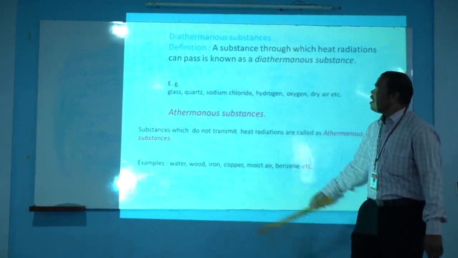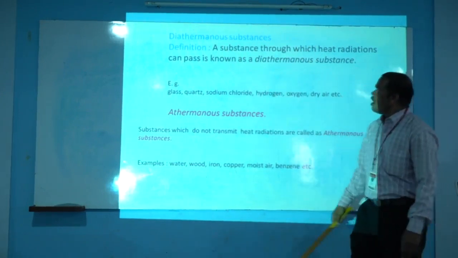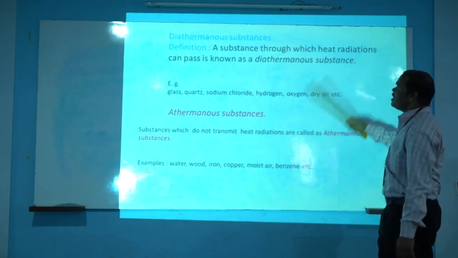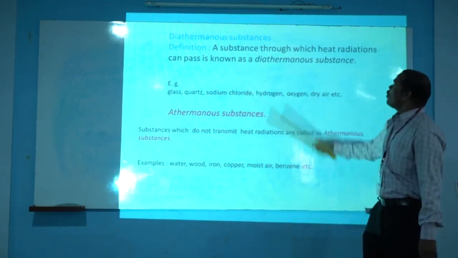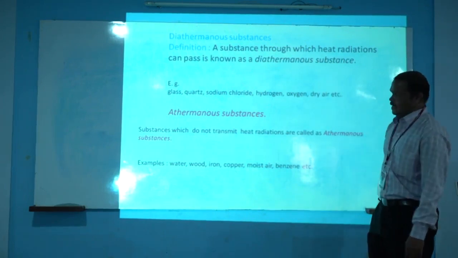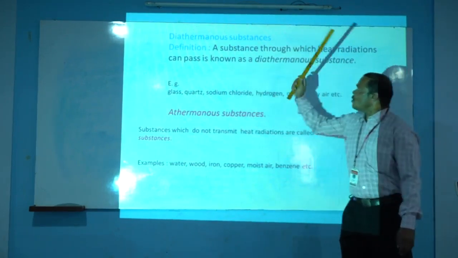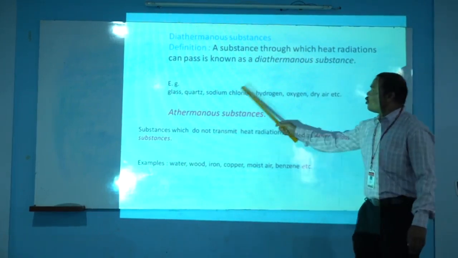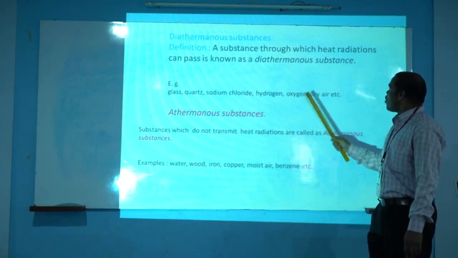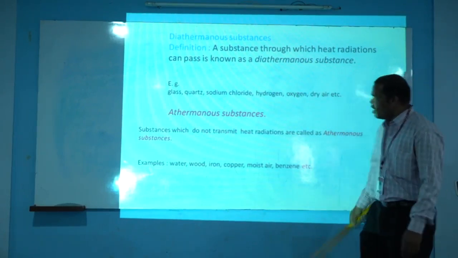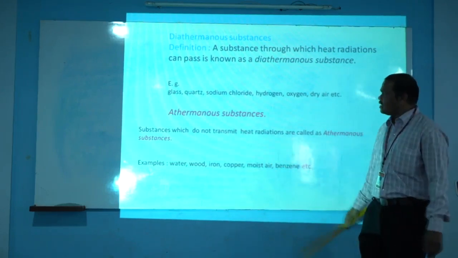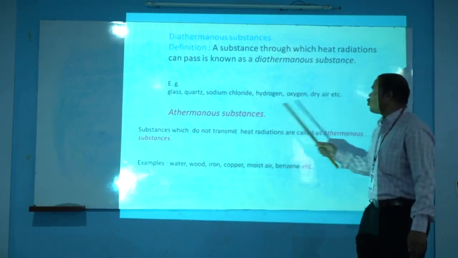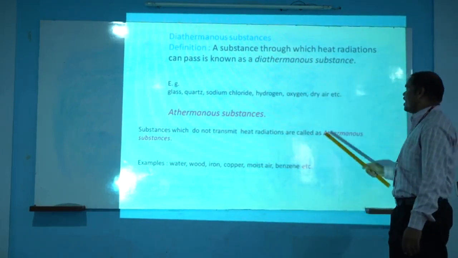Firstly, we discuss diathermanous substances. Definition: the substances through which heat radiations can pass are known as diathermanous substances. Examples of diathermanous substances are glass, quartz, sodium chloride, hydrogen, oxygen, dry air, etc. Secondly, athermanous substances. We define athermanous substances as the substances which do not transmit heat radiations.